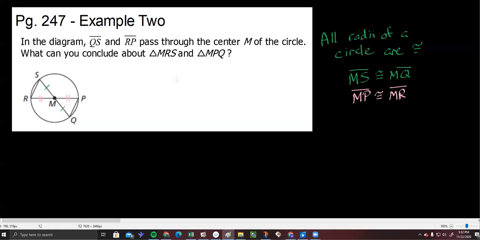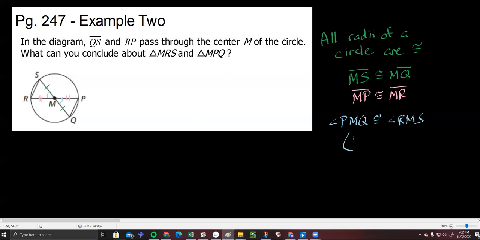Now, in order to conclude that these triangles are congruent, I need three congruencies. And my last congruency is, of course, going to come from the fact that we have vertical angles right here. So I know that angle PMQ is definitely congruent to angle RMS.